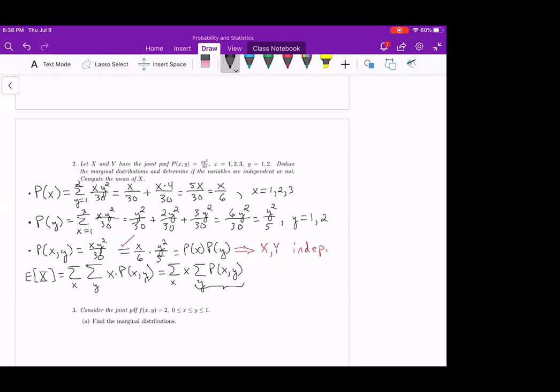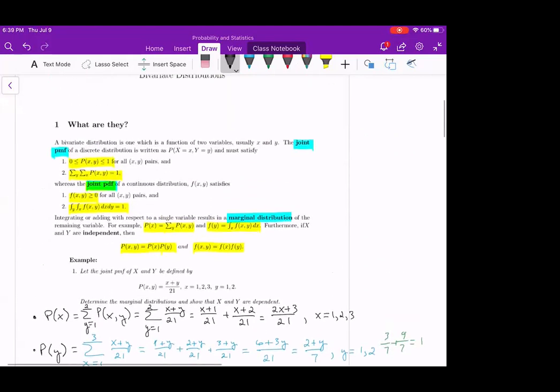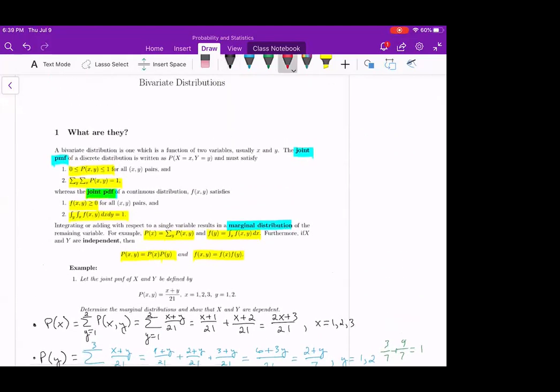You did it above. When you plugged in all possible values for y and you added up, you ended up getting P of x.